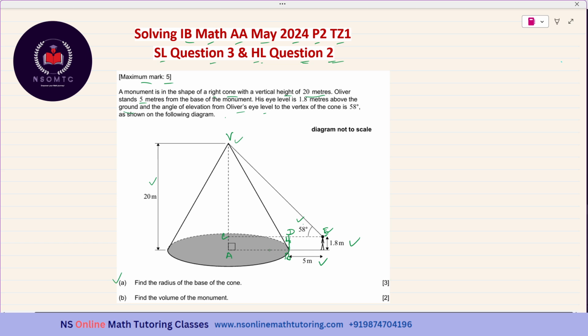So I am taking the right triangle VCE because I know this angle, this is a right angle, 90 degrees. I know this angle and also I know the length of VC, because I know VA, which is 20 meters, and VC will be VA minus CA. CA is 1.8 meters.